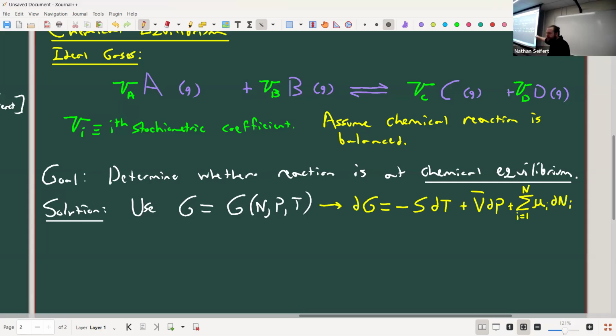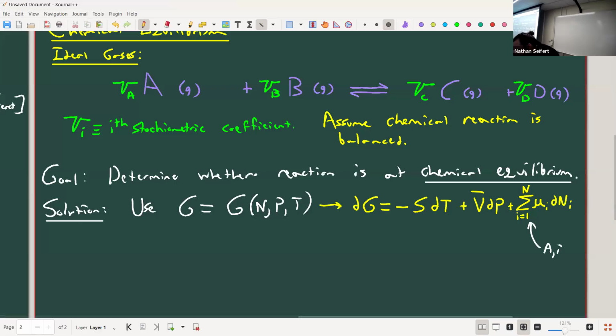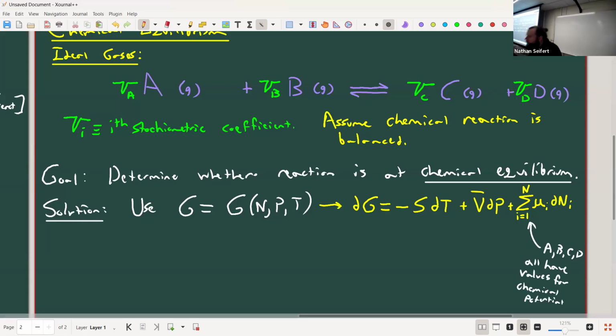So each material, A, B, C, and D, all have values for the chemical potential. There's going to be a different value for each one that tells you how the energy changes as you add or remove one of those molecules.